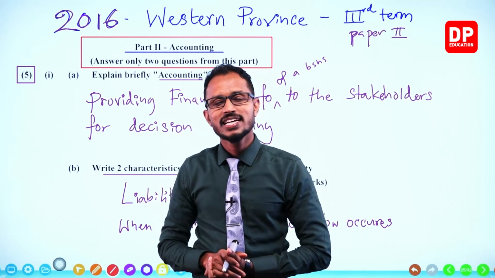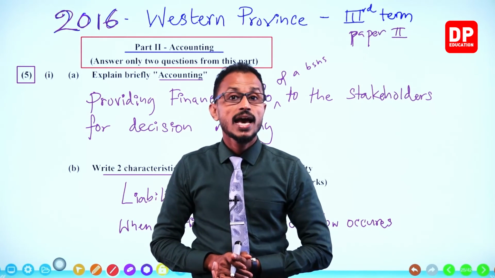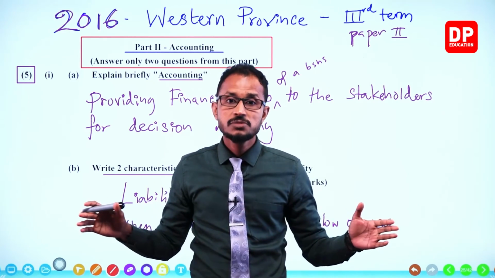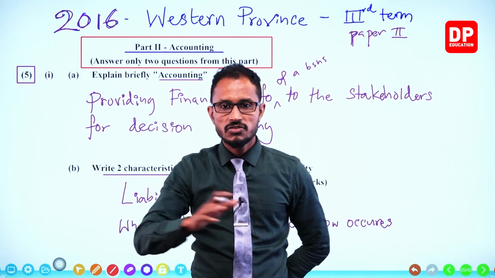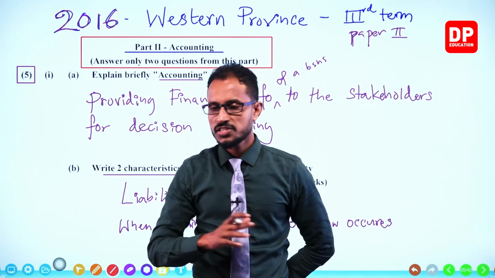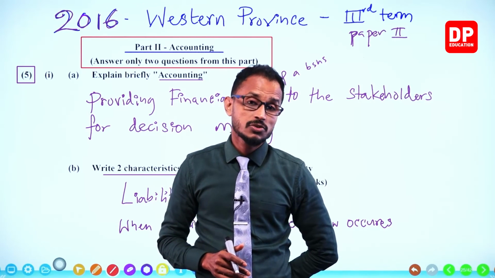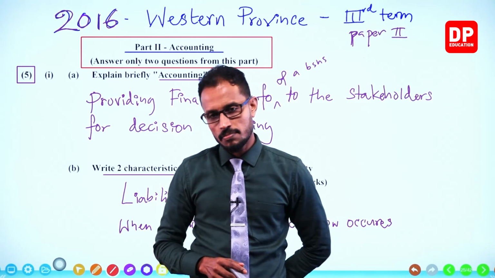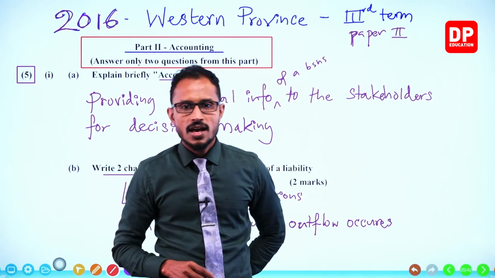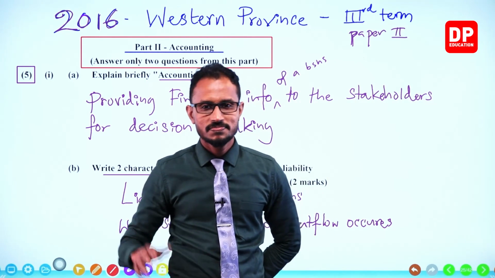In the next video, we are going to take on the next accounting question and finish this paper. Do get together and finish it off. Let's finish this paper. Until next time, good luck. See you soon.